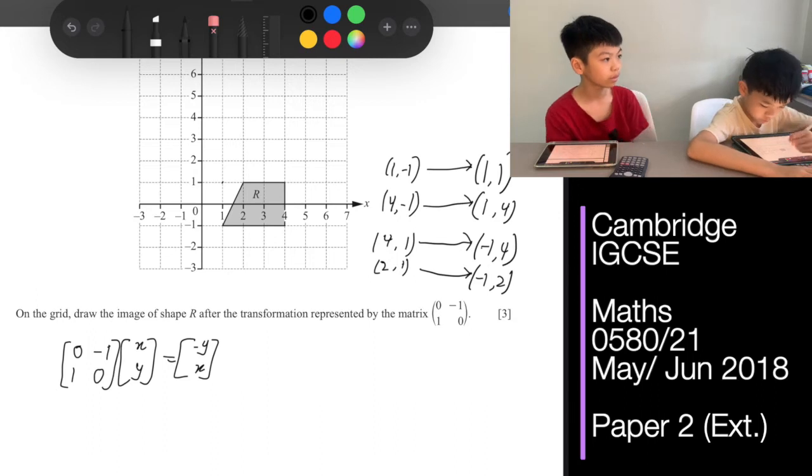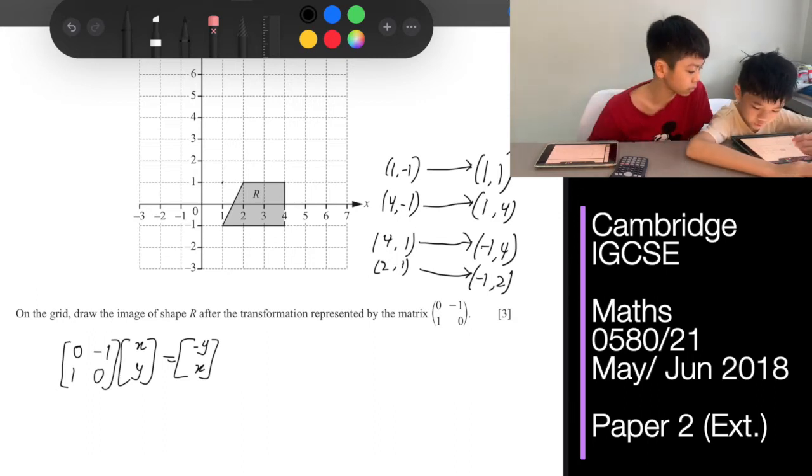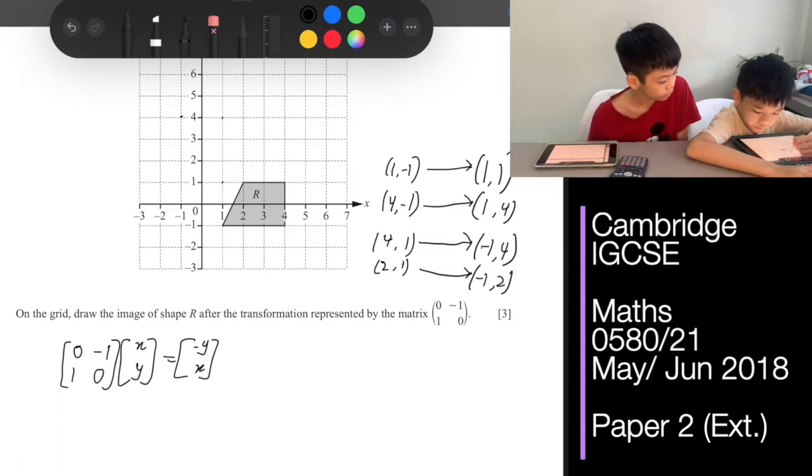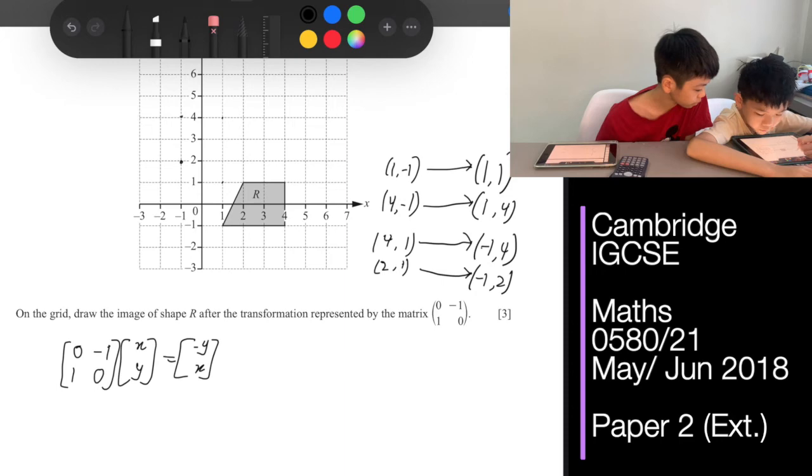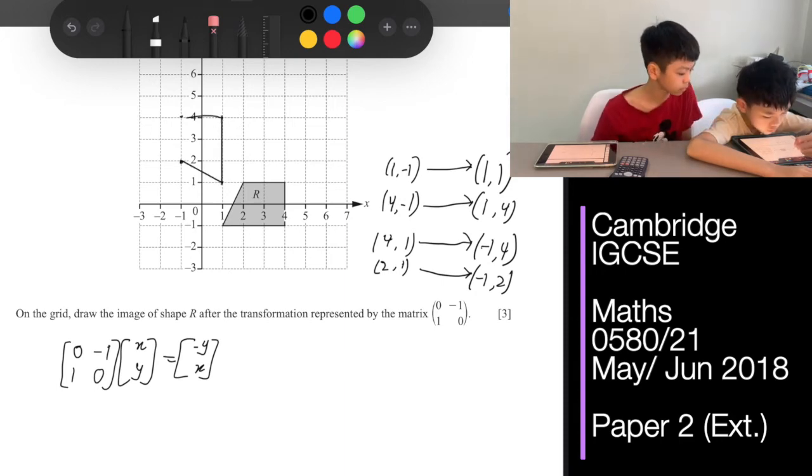So first we draw (1, 1), then (1, 4), then (-1, 4), and then (-1, 2). So it's a rotation, but we don't need to mention that.